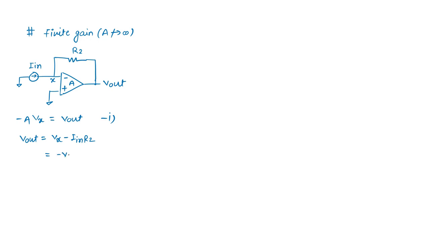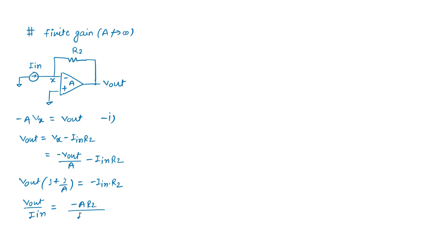Vx is nothing but minus Vout by A. So Vout is minus Vout by A minus Iin R2. Let us take Vout on one side: Vout times 1 plus 1 by A equals minus Iin R2. So Vout by Iin comes to be minus A R2 divided by 1 plus A.